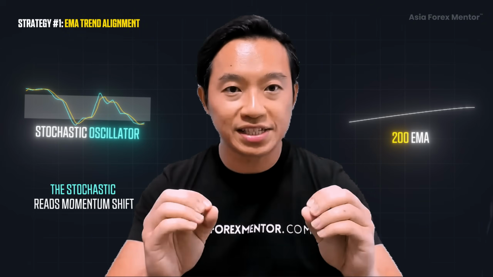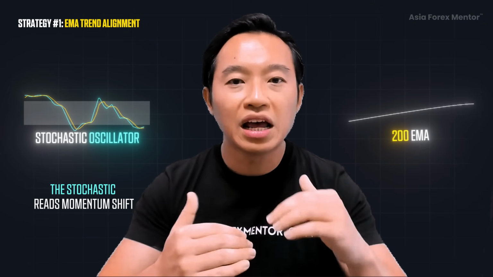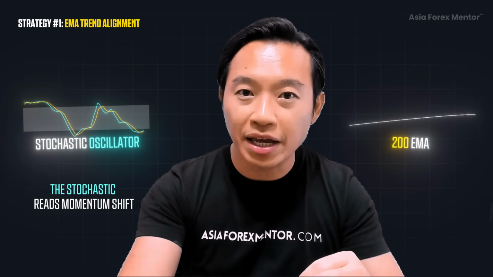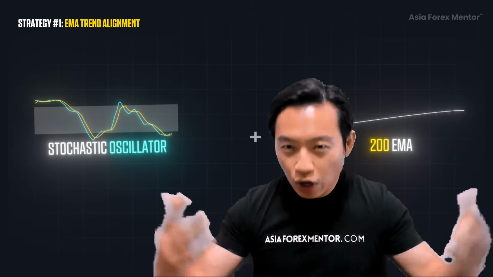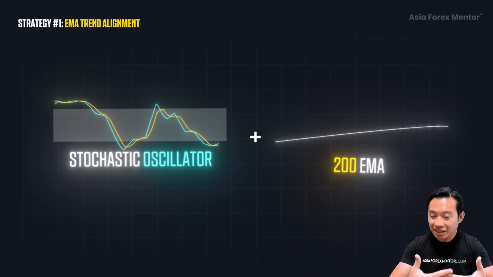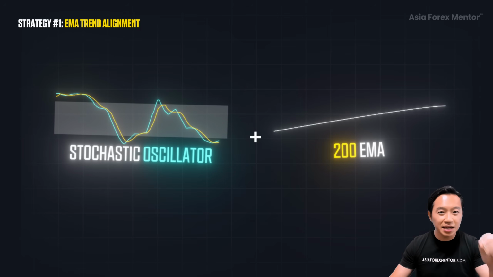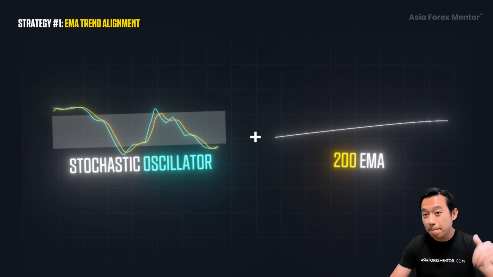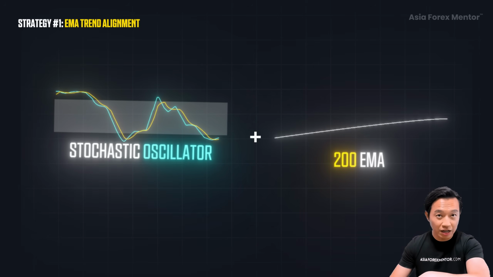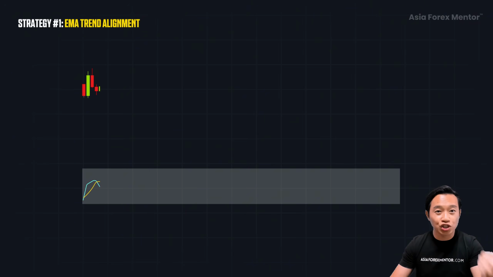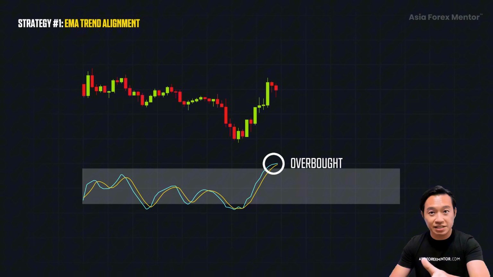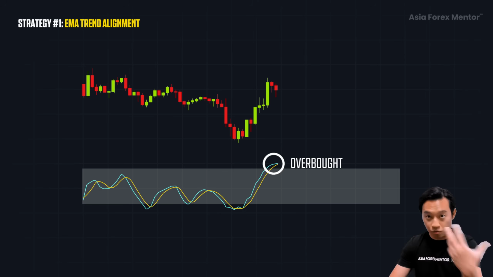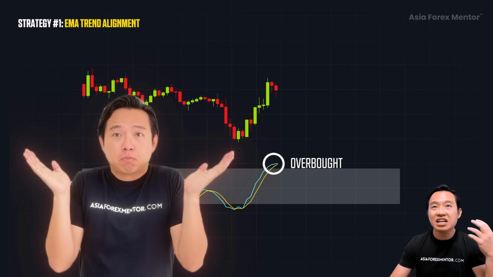So the Stochastic reads what? Momentum shift. But the 200 EMA confirms the overall trend direction. When you add them together, they filter the false signals and keep the trades aligned with the market's actual flow. In a strong uptrend, the market can stay overbought for ages while price keeps climbing up, and that's where most traders get it wrong.